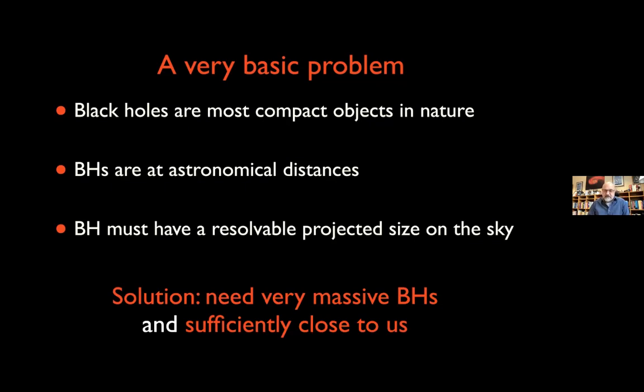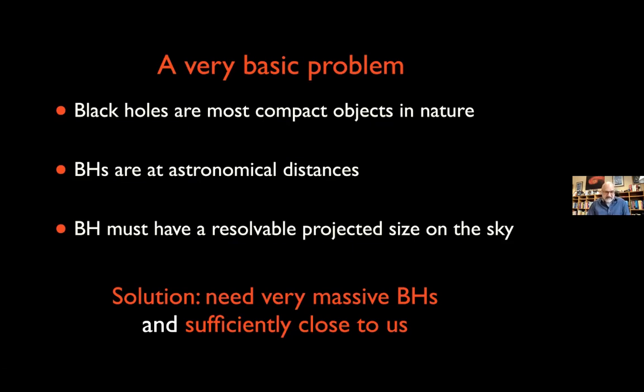And they have to be sufficiently close to us because, balancing distance with size, you may end up with a projected size on the sky that is accessible to a given telescope. And that's exactly the kind of back of the envelope calculation that we did a few years back, to realize that out of this list of possible candidates, there is a handful of possible candidates.